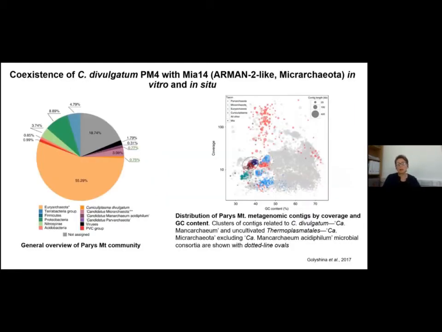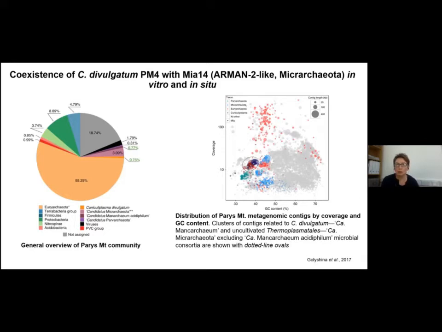A very interesting feature which we discovered for Cuniculiplasma was the coexistence of this organism during the isolation with Micrarchaea, or ARMAN-2-like organisms, in vitro and in situ.